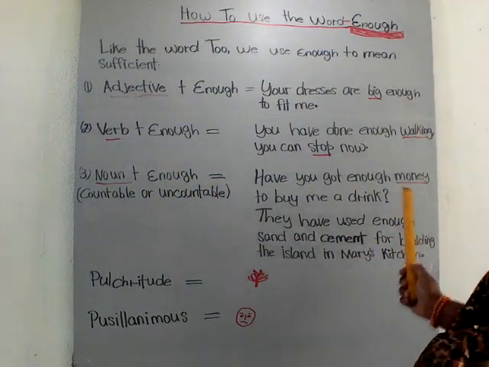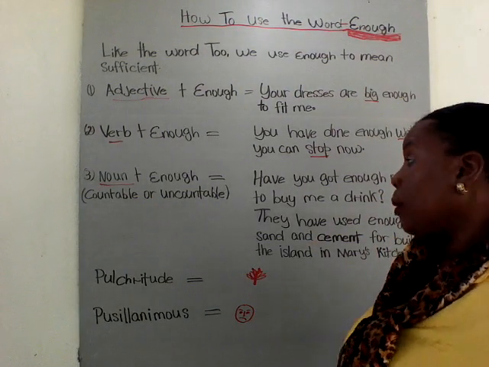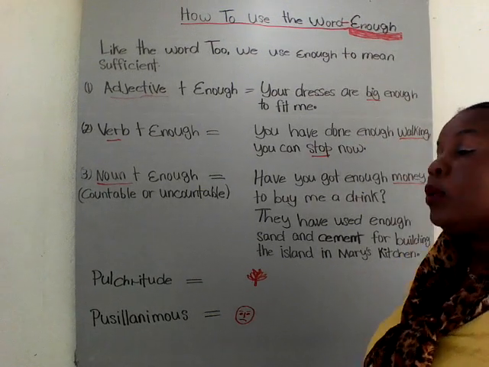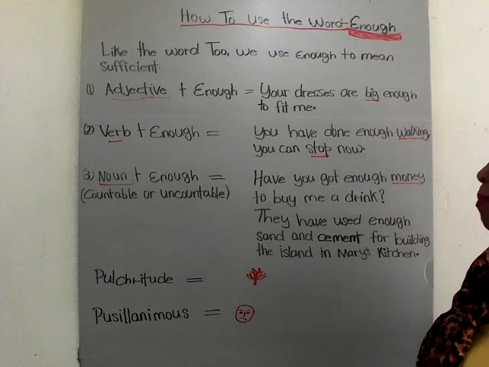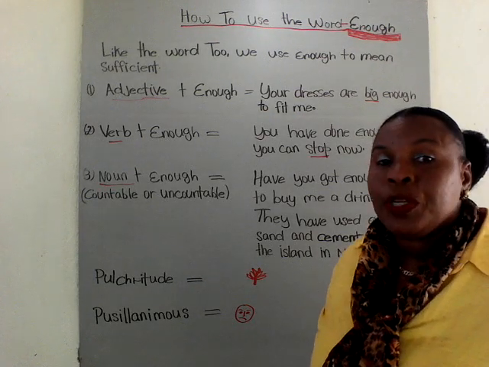Countable noun, which would be money, or uncountable noun. And in this sentence, we are going to look at the uncountable noun. They have used enough sand and cement for building the island in Mary's kitchen.